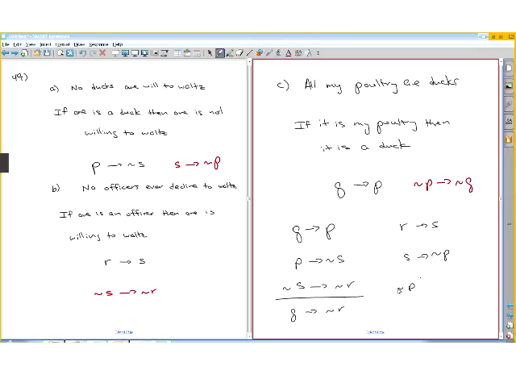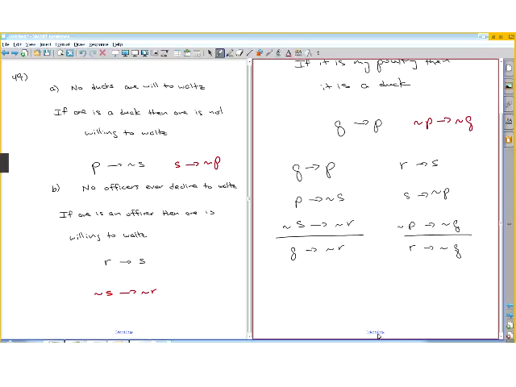So if we do that, we get if not P, then not Q. So we have the final thing is if R, then not Q. So how do these two compare? Well, they're the contrapositive of each other.